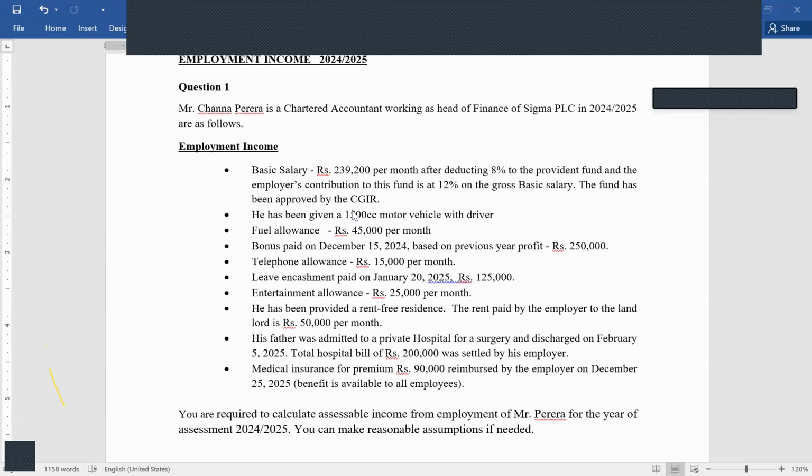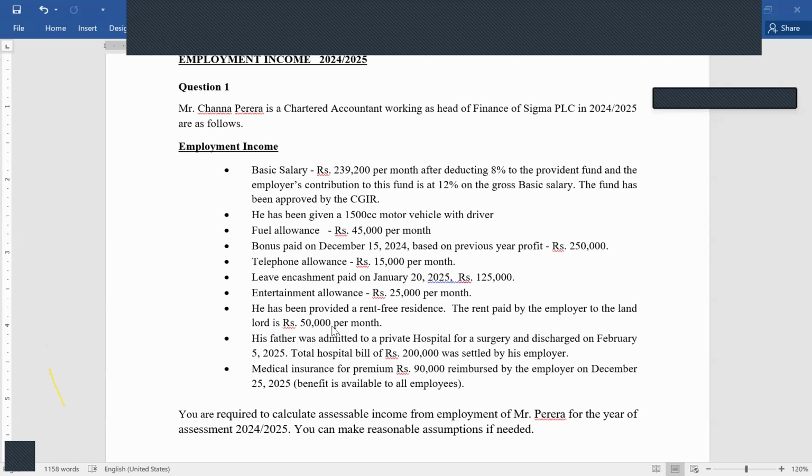But here we have been given the market value and the table value also. In the table, there is a value, that is the salary multiplied by 12.5 if it is in the rated area. If it is not in the rated area, then 10%. Because of that, we can consider 50,000 as a benefit because that is the market value.